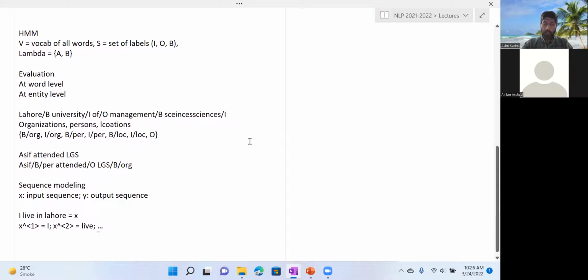So as we have seen earlier, let's say we're talking about X<1>. This is the representation for the first position word in the sequence. And usually this representation is a vector. So let's say if it is an embedding, then this is the embedding for the word I. Okay.